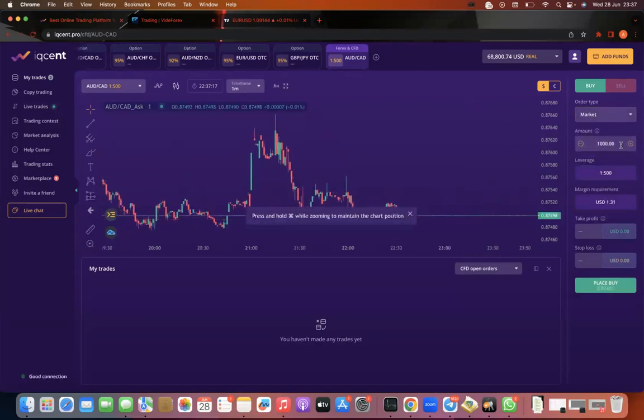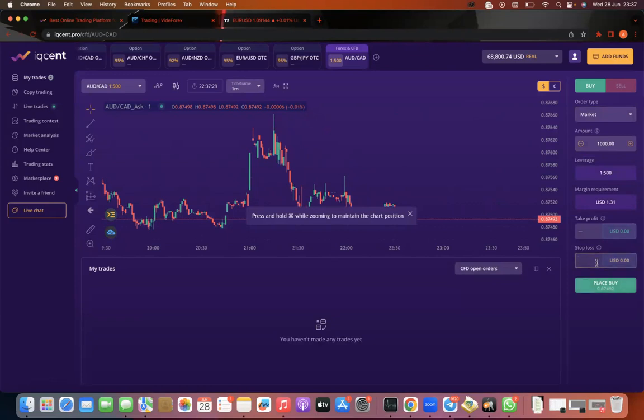Once I enter a trade, I can enter it with a certain amount, select my leverage, click on buy, put my stop loss and take profit here, and once I click on it, it will be running. That's basically it.